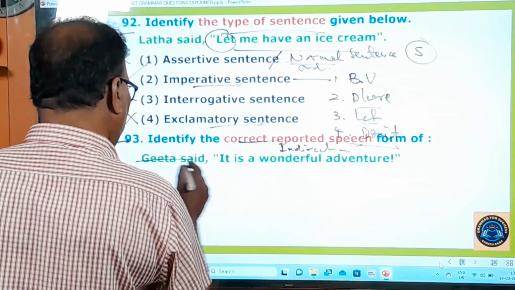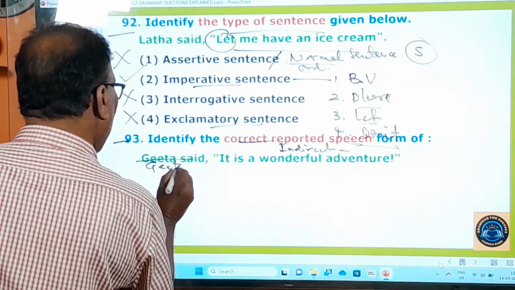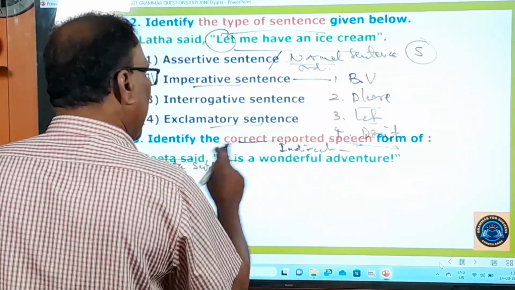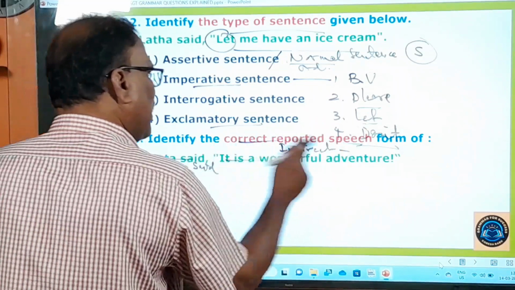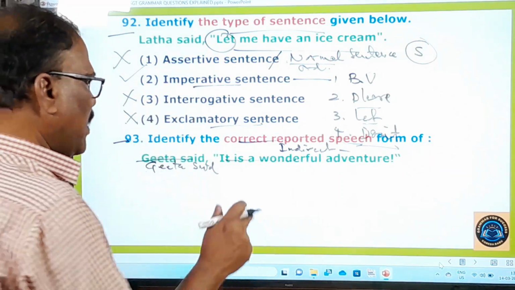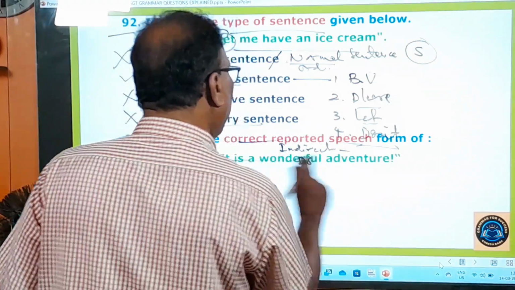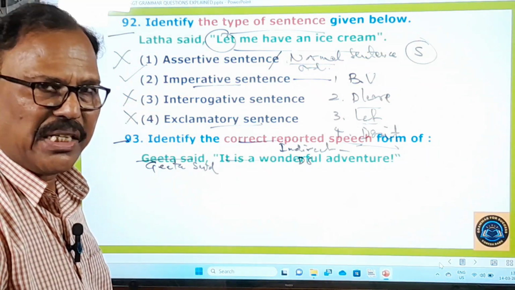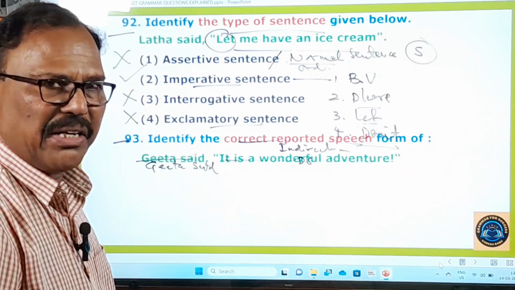It is a wonderful adventure. Here you see that Geeta said. The sentence is given in direct speech. Direct speech means whatever sentence is given in the inverted commas. And what is this sentence? An ordinary sentence, an assertive sentence, a simple sentence; you can call it by any name.